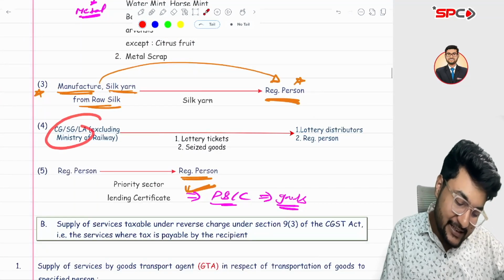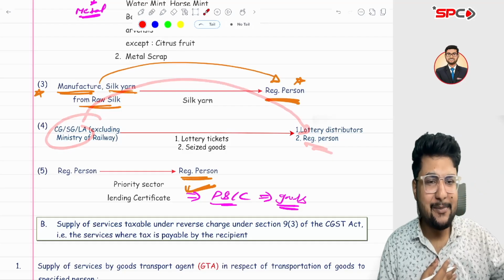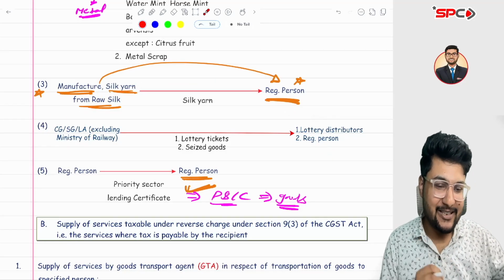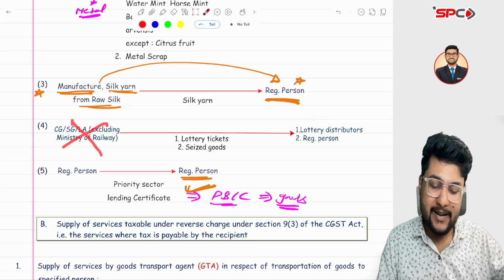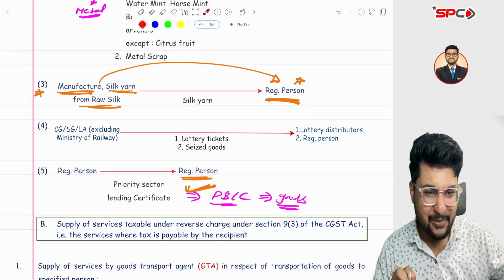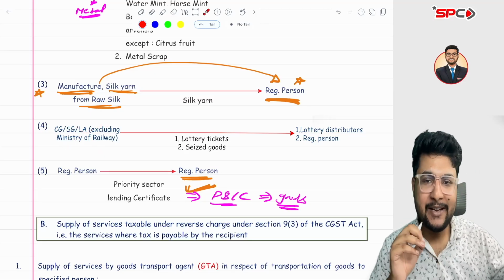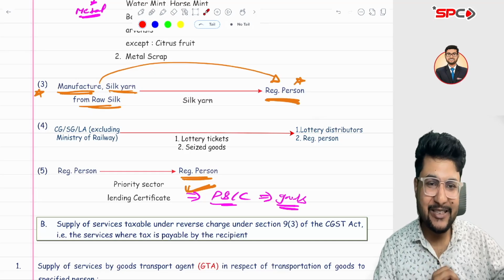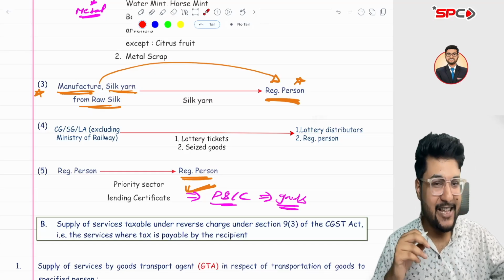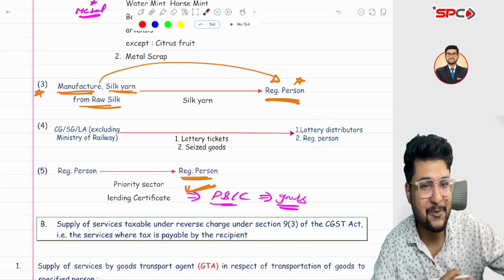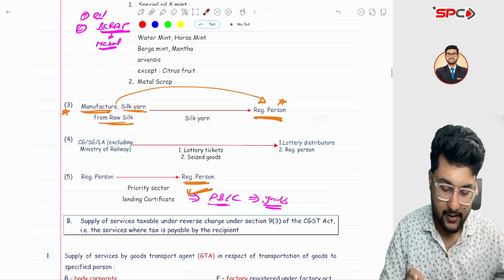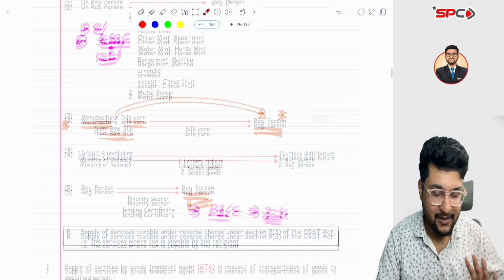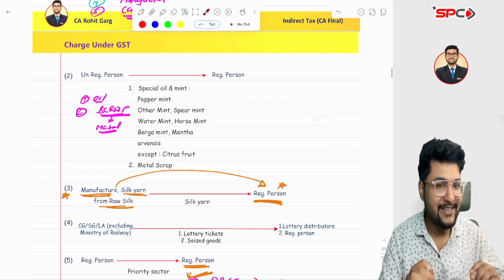So if any registered person purchases my vehicle from auction, then he has to pay tax on it. Why? Because the government is a very lazy person. I know the government is lazy. They will not deposit the tax on their own. They will always try to shift their responsibility to another person. So we have finally concluded our 9(3) goods.